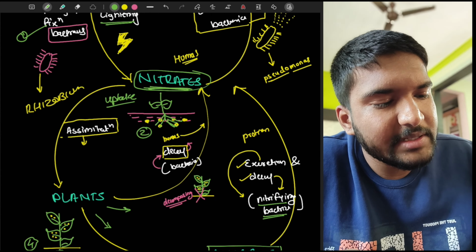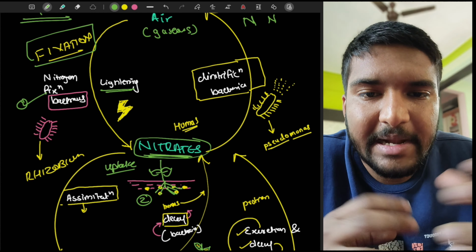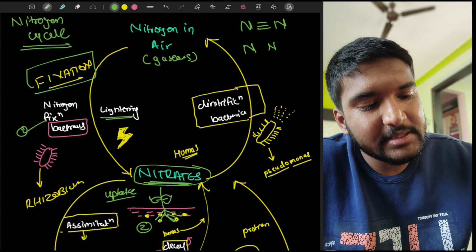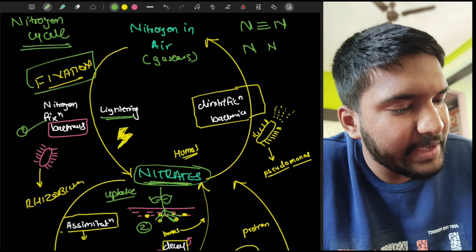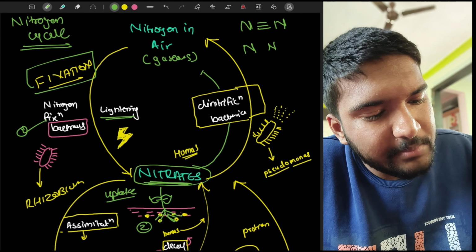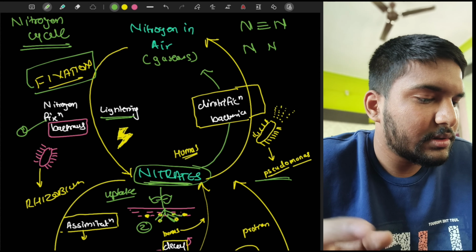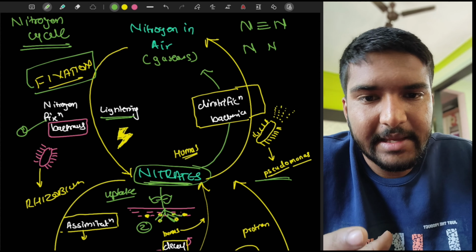And now there is something called denitrification bacteria that convert these nitrates, or simpler nitrogen compounds, into gaseous nitrogen back again. A common example of such bacteria is Pseudomonas. So this is how the entire cycle goes.